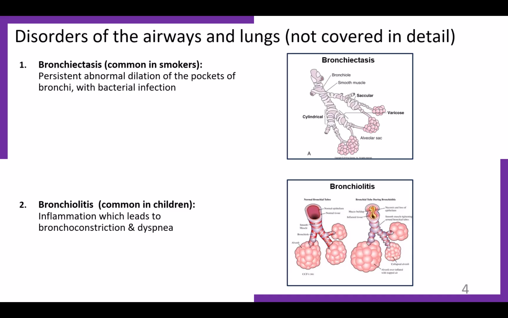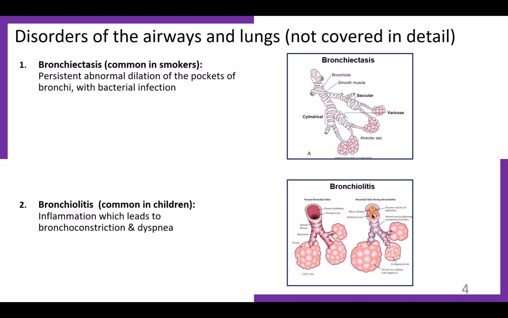Some disorders of the airways and lungs that we're not going to cover in detail, but just as definitions here, because they will actually appear at some points throughout this series of recordings. The first one is bronchiectasis. And bronchiectasis is when you have a persistent, so chronic, abnormal dilation of pockets of the bronchi.